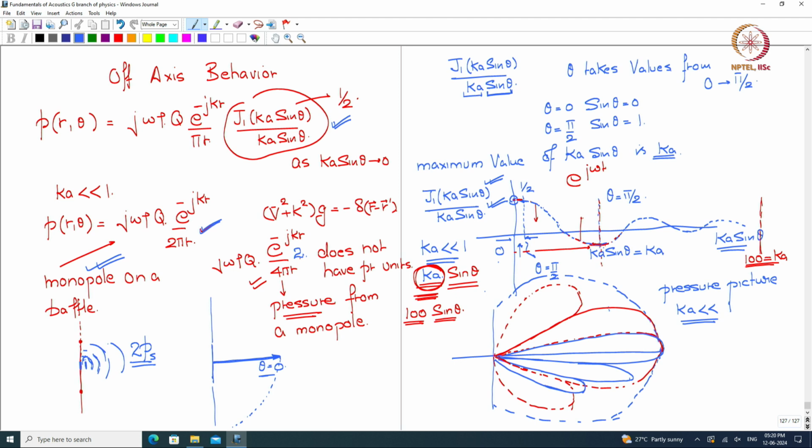So every time you get a peak, you get a 0, then another peak, a 0, then another peak. In this manner you will get these side lobes, and the number of side lobes has gone up because my Ka has gone up.